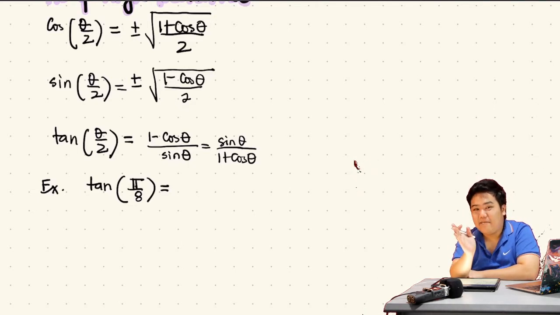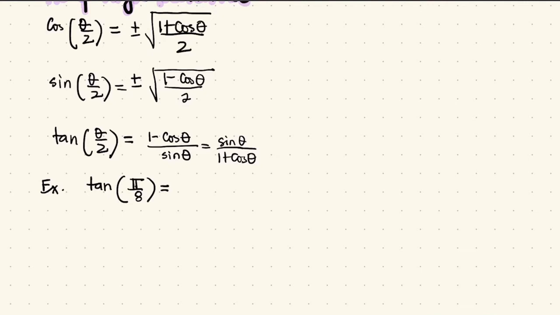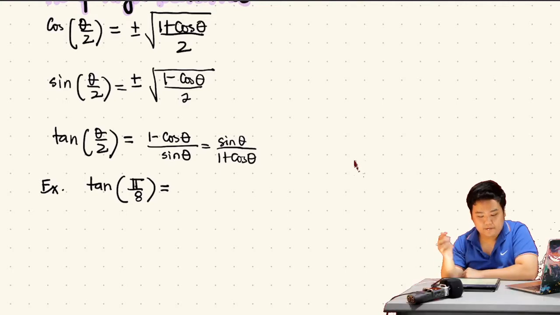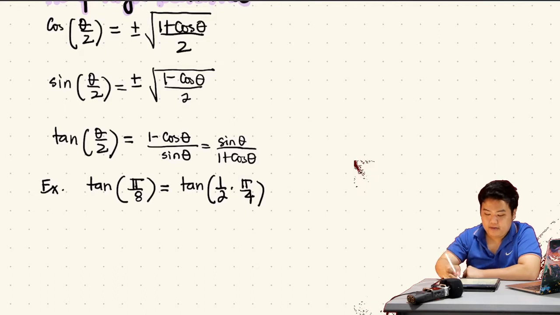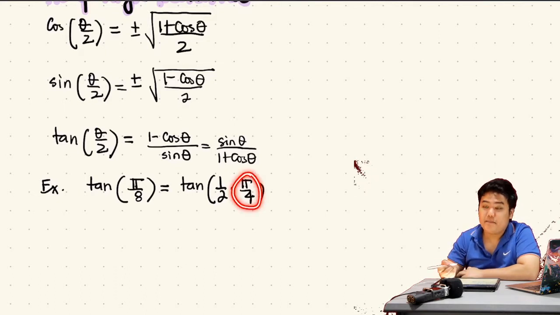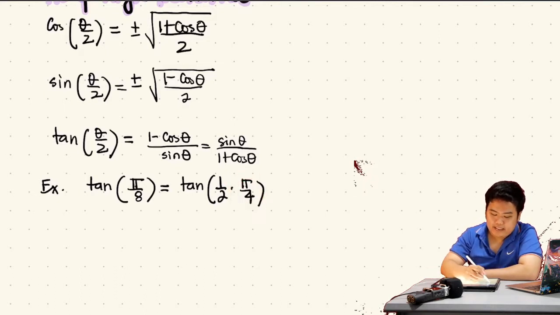Angle siya, pero hindi siya special angle on the unit circle. Okay? So, iisipin nyo, pwede ba siyang i-express as kalahati ng special angle? It turns out, yes. This is 1/2 times pi over 4. And pi over 4 is a special angle. So, pwede na natin gamitin ito.